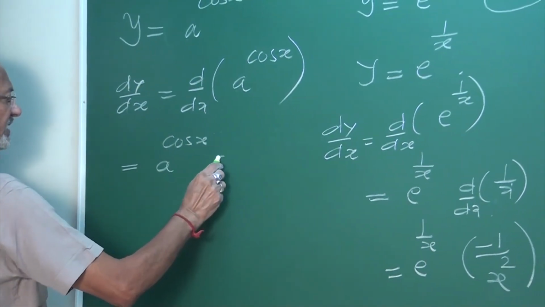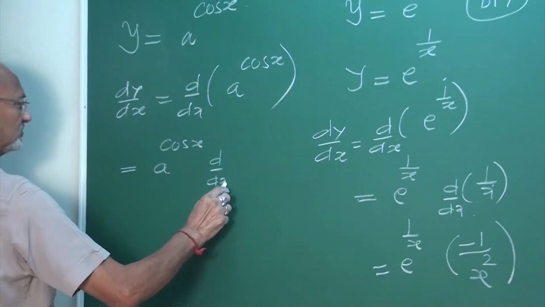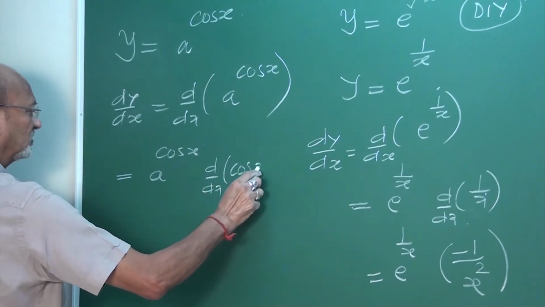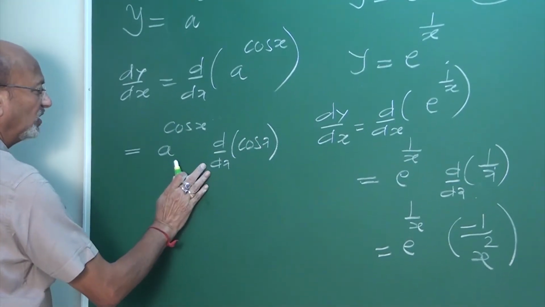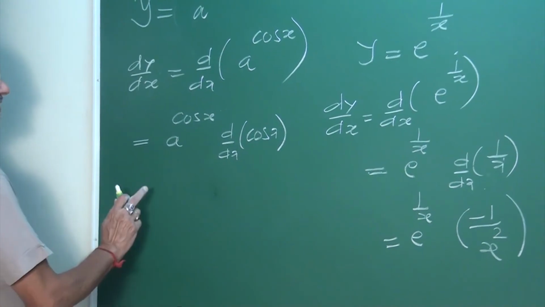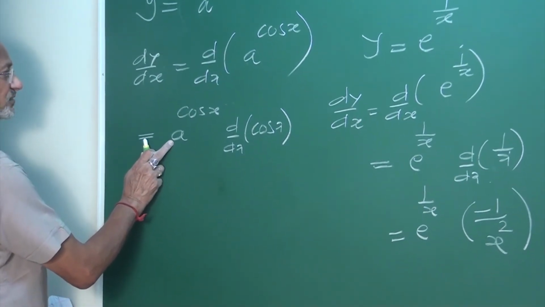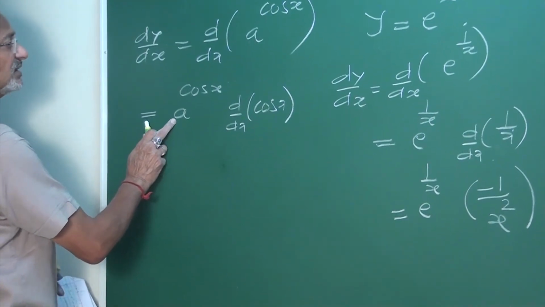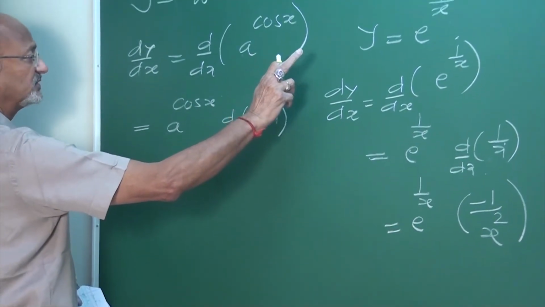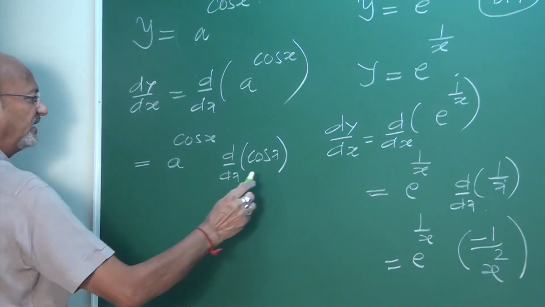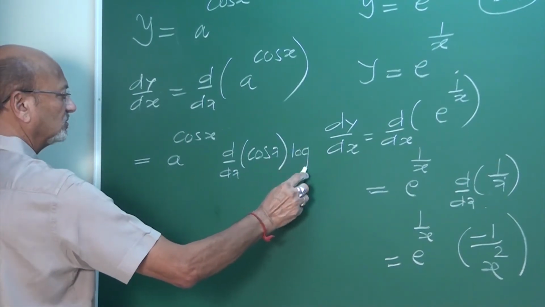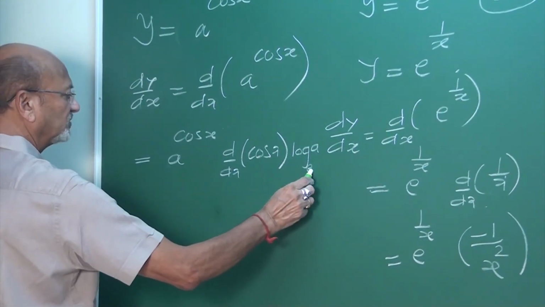Other than x, write its derivative. Cos x. Sometimes you write only this much, you make the mistake. The mistake is what? Not writing the log of the base. Why? If it is e, no need. Why? Log e to the base e is 1. So when it is other than e, you have to write its log of the base.